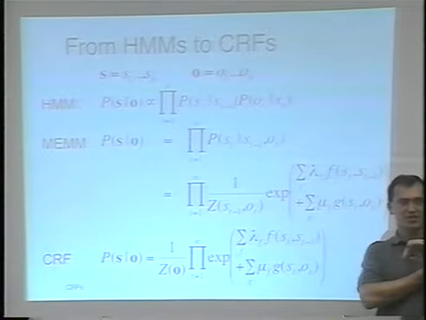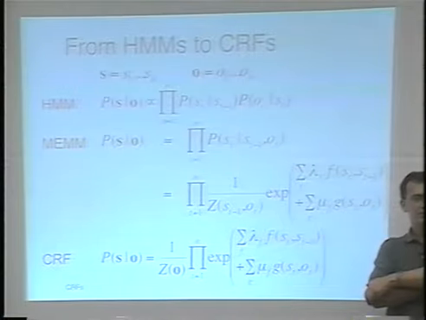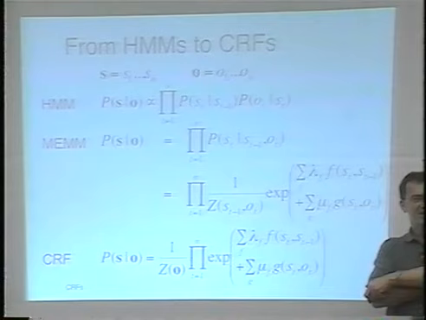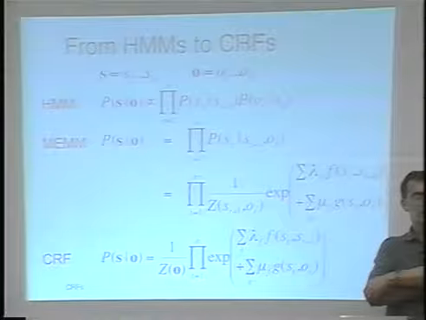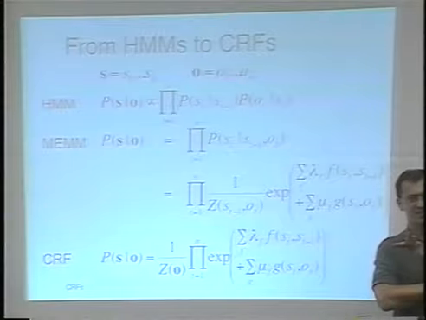The CRF is an undirected graph, and the HMM you can represent as either a directed or an undirected graph, but they actually correspond to the same underlying model. If you express it as a graphical model, the dependencies between the HMM and CRF are the same. The cliques are the same. In the MEMM, it's different because you've got a three-way dependency.